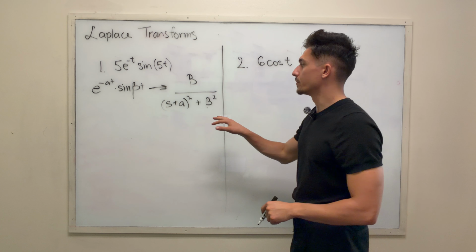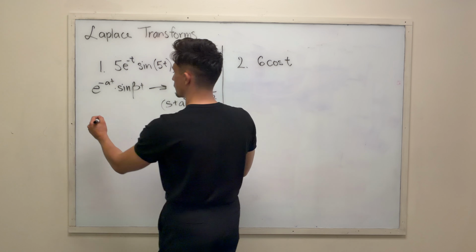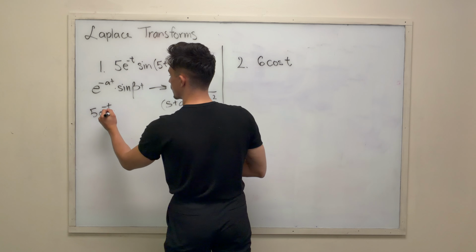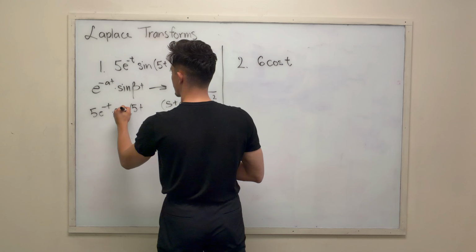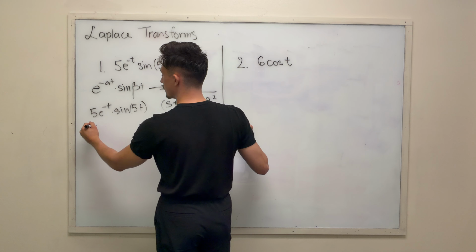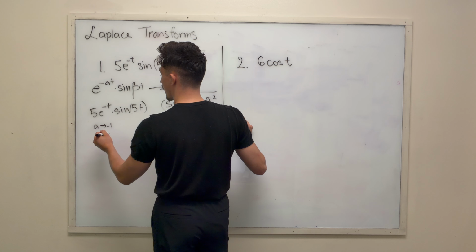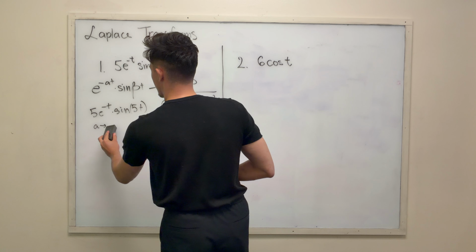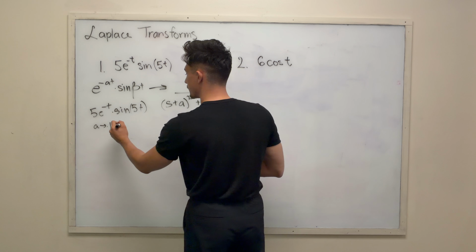If we break this down, if I took this formula and put it down here, we can visually see what's going on. Negative t times sine, and our beta is 5t. That's what it would look like, right? So our variable a is 1, I apologize, it's 1, and our beta in this case is 5.